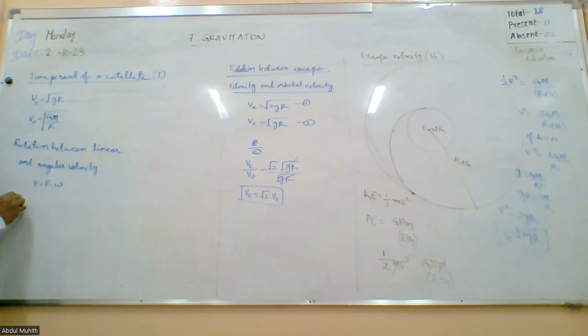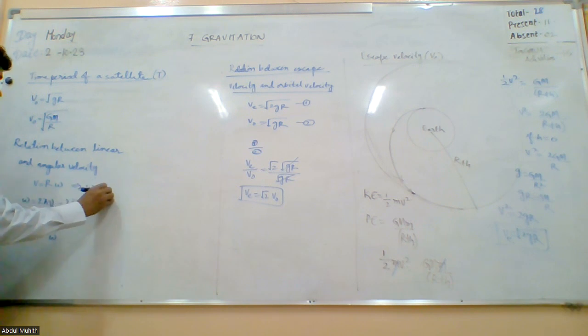Now, what is omega? Omega is equal to 2 pi nu, or it is also written as 2 pi by T. Clear? 2 pi by T. So we can write T is equal to 2 pi by omega. Can we write like this? Cross multiply. But what is omega? Omega is equal to v by r, right?